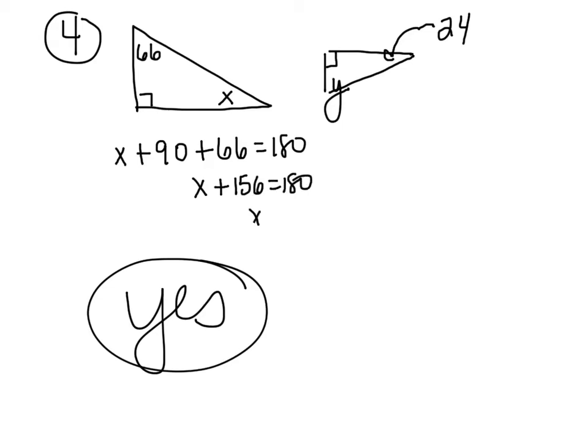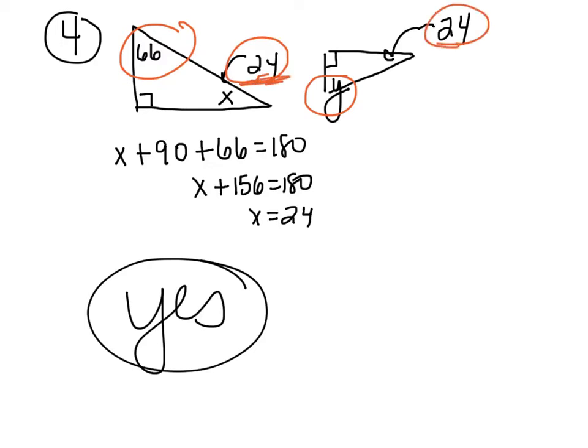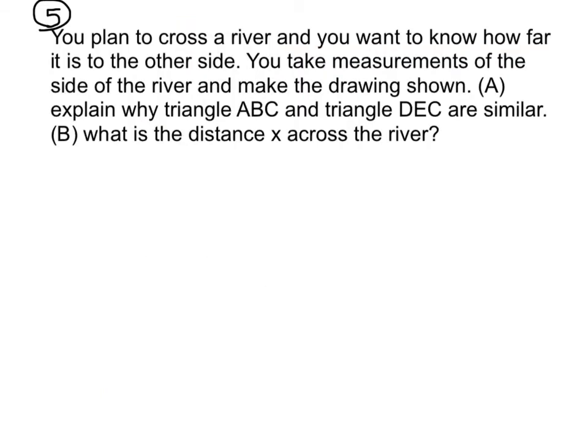So 180 minus the sum of 90 and 66. 180 minus 156 gives you 24. So this angle here is 24. Right off the bat, we know this one is going to be 66. But 24 and 24, we know those. 90 and 90, we know those. So we already have two sets of angles that are congruent, and so that's why, yes, these triangles are similar.